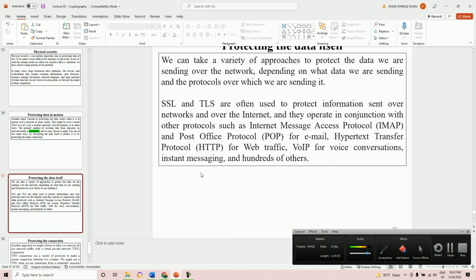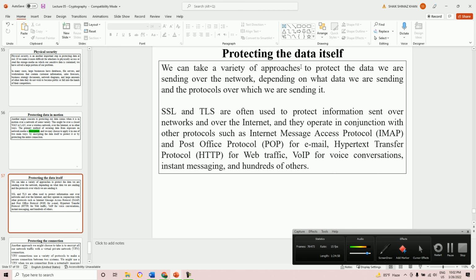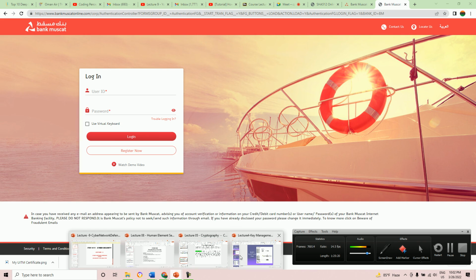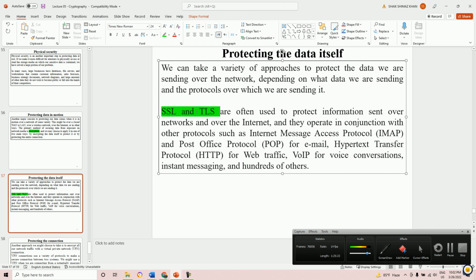Protecting the data itself, we can take a variety of approaches to protect the data we are sending over the network. SSL and TLS are security protocols, students. The communication between this bank and our browser is secured using the SSL and TLS protocols. They operate in conjunction with other protocols such as IMAP and POP.